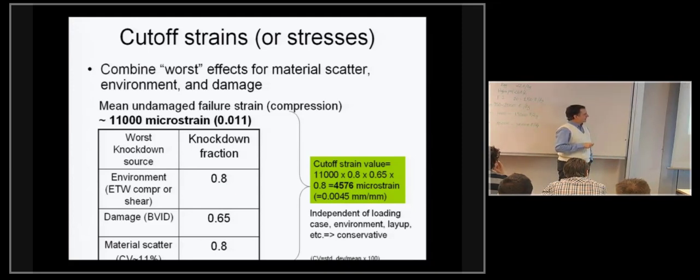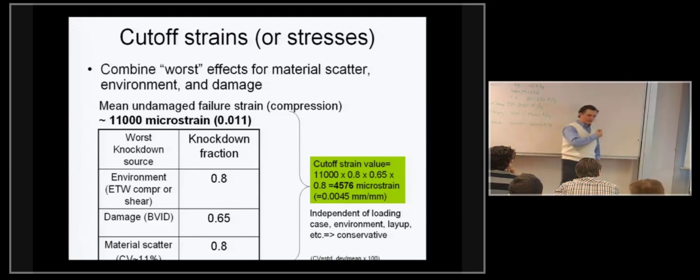For accounting for environment, we have 80% is the multiplicative factor, or a 20% reduction. Accounting for damage, barely visible impact damage, we multiply by another 0.65, or a 35% reduction. This is for the newer materials, not the first generation thermosets I just showed you, which are not as good as this. And then the material scatter to give us the A or B basis.